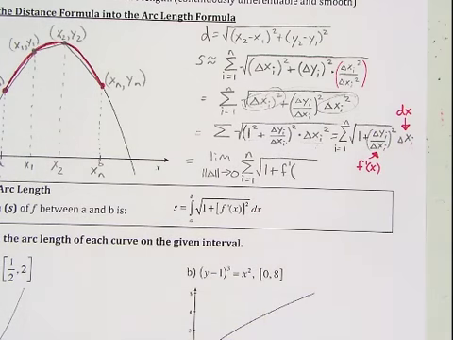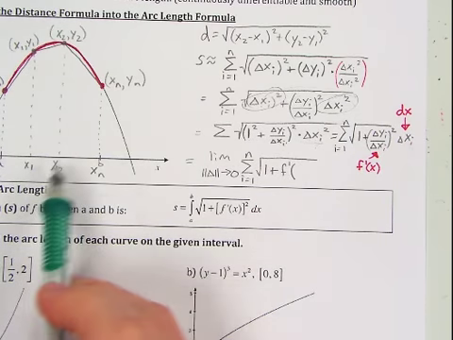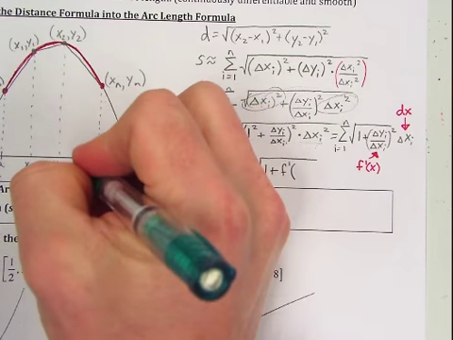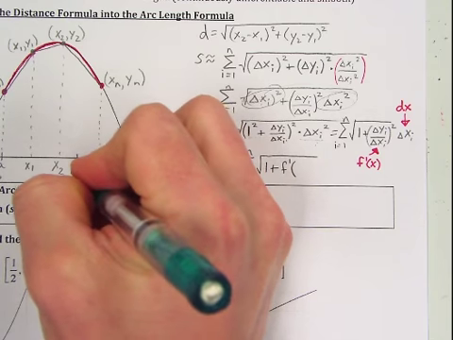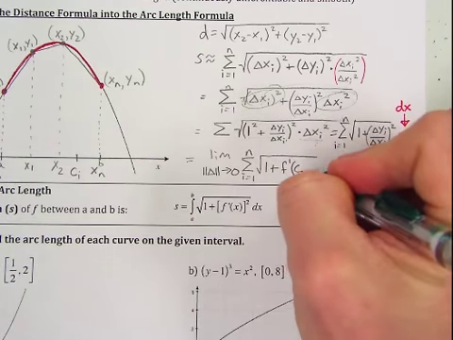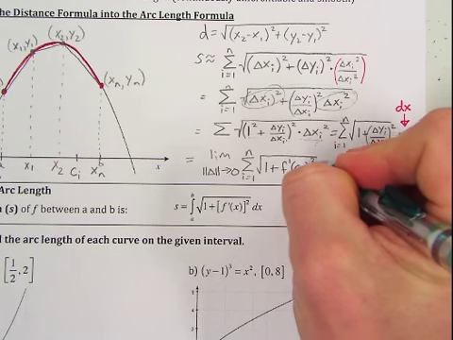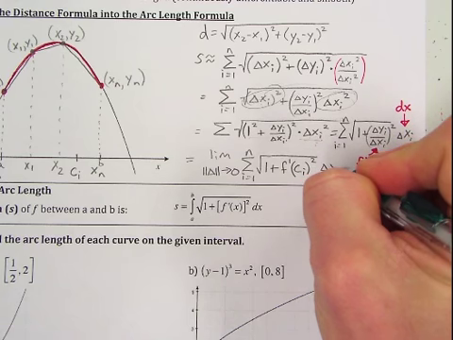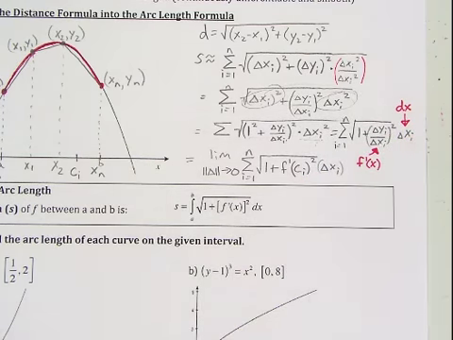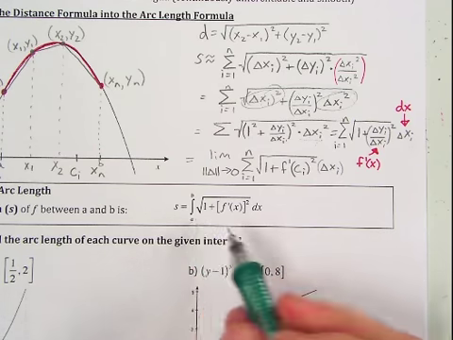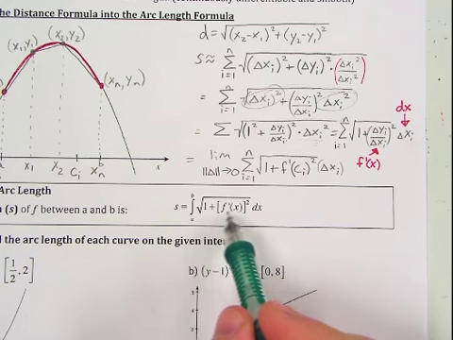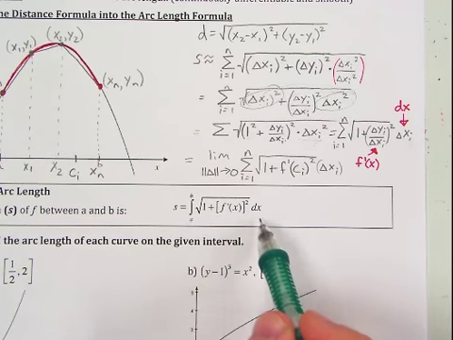We're not going to use x right now. Remember, if we chose any arbitrary x, we called it c, some c on the interval. Now when we take the limit, we know it's the same as taking the integral from a to b of the square root of 1 plus the derivative of our function squared, and then dx.